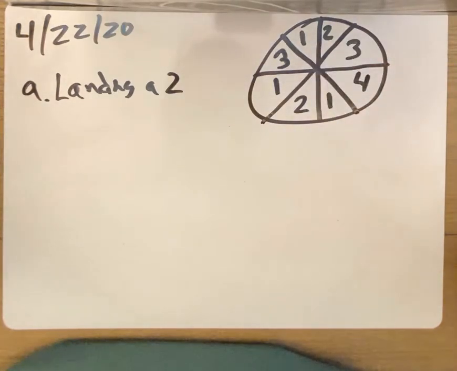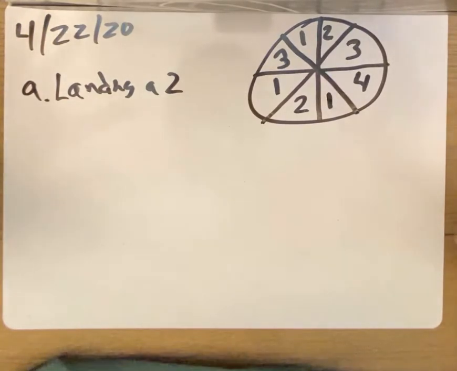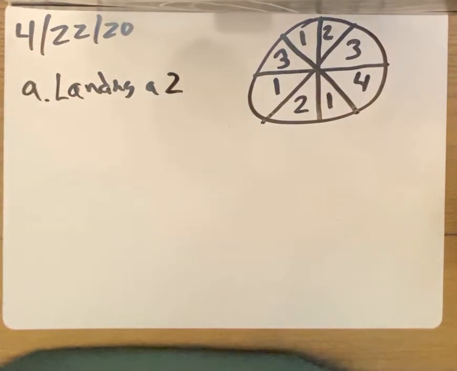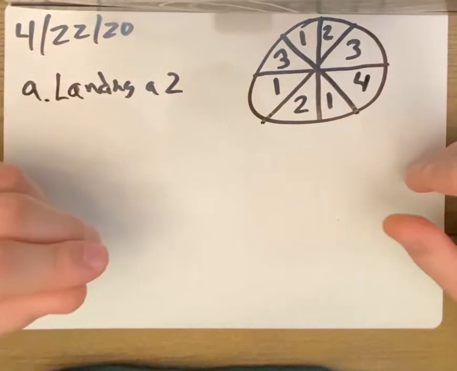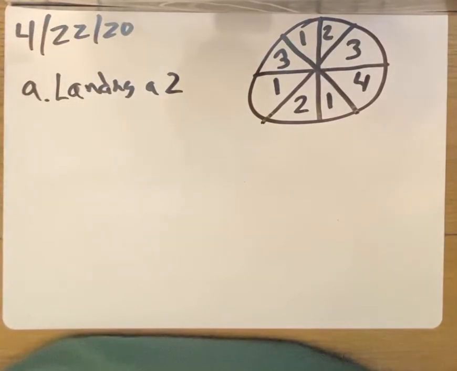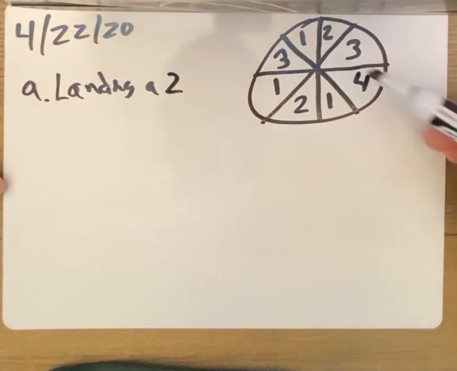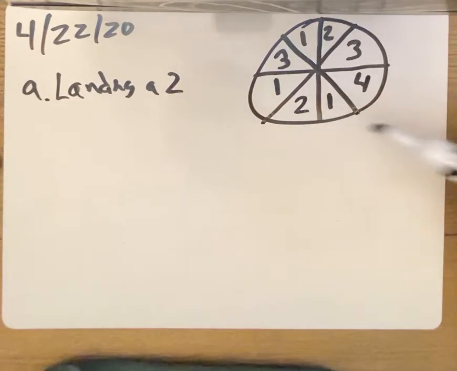So I have 8 possible outcomes. The question is landing on a 2. So I look at my spinner again and find how many outcomes I have. I have 1, 2 here, and 1, 2 there.